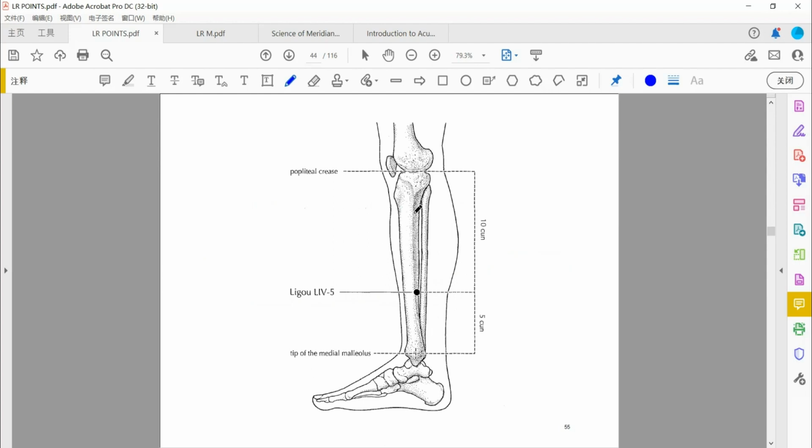So first we need to find the tibia, and we will find the medial crest of the tibia. This point is five cun above the malleolus and just beside the medial crest of the tibia.